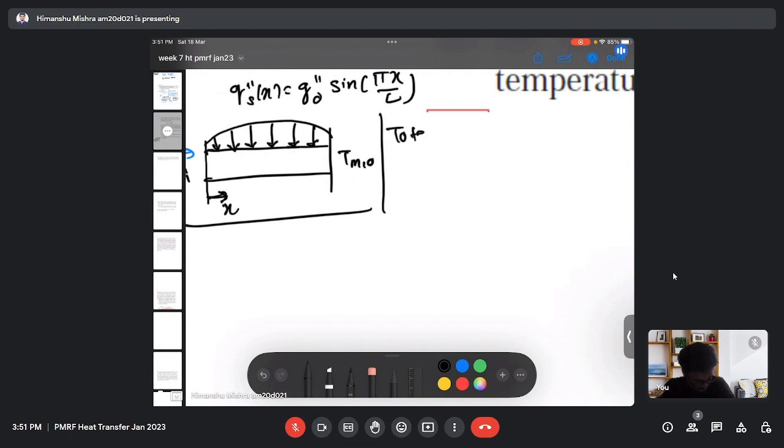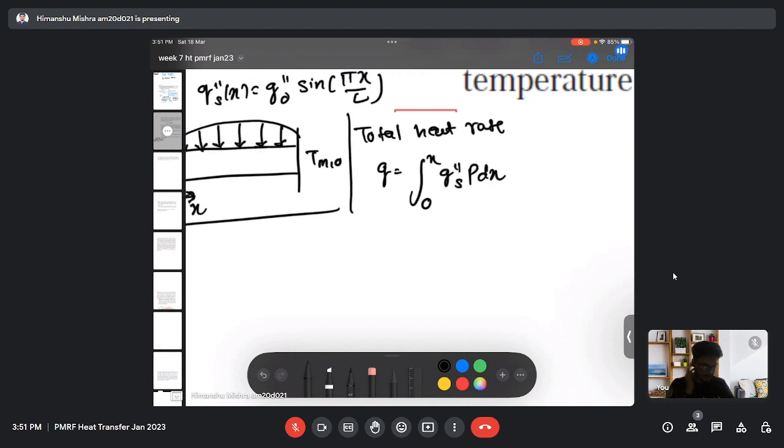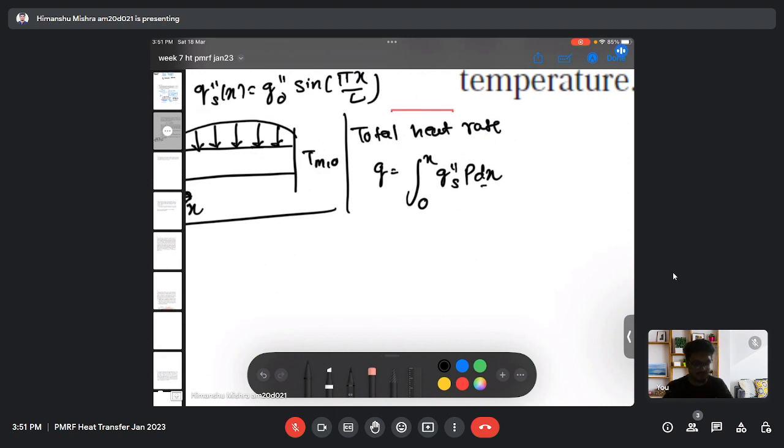So my total heat rate will be, where p is my perimeter and x is the distance, and this is my heat flux.